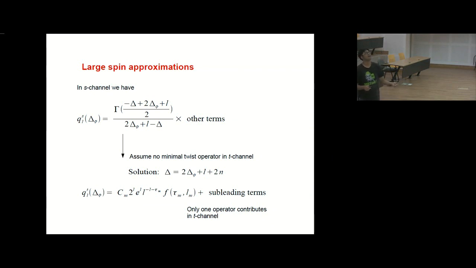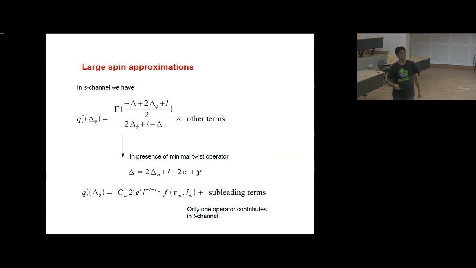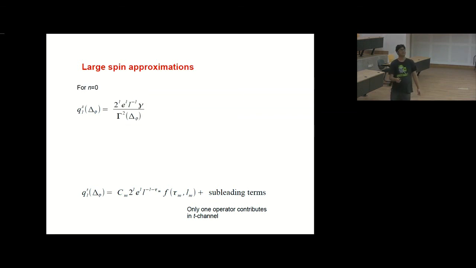Oh, I think I might have missed a power, missed an inverse sign here. Yeah. So in presence of a minimal twist operator, what I will have is the dimension will get a correction, gamma, and QS will be proportional to this thing, the gamma.